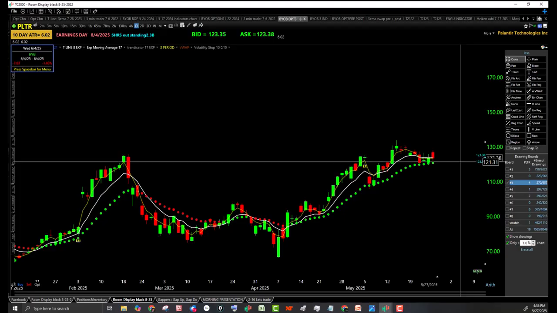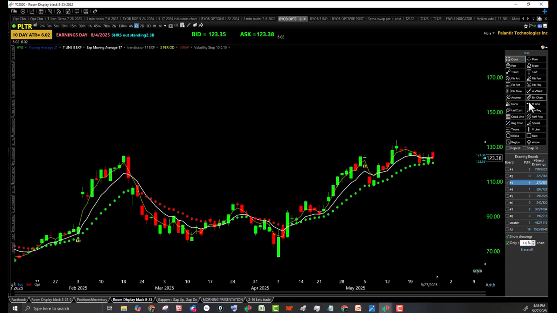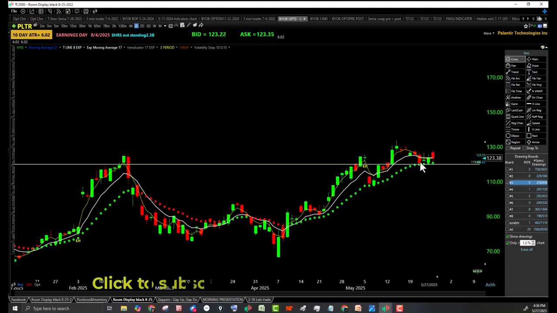Not a convincing hold, but it's doing well. Okay, so let's just say this line right here is resistance, because we went up there before, we got rejected. We went up there before, we got rejected. We went up before, and then they pushed us all the way back. They didn't push us through, but they pushed us back.